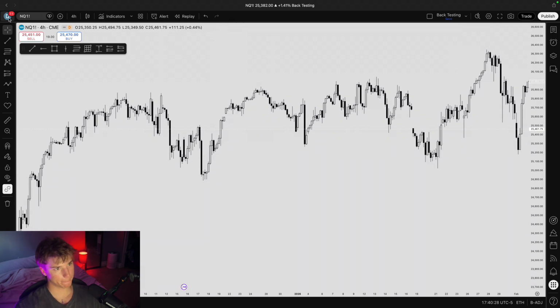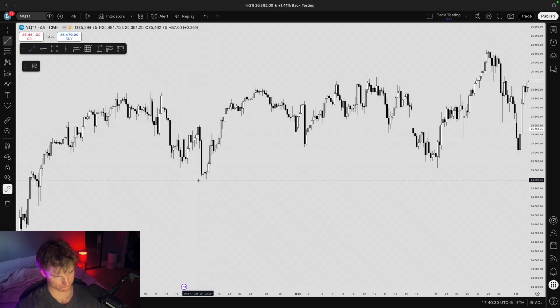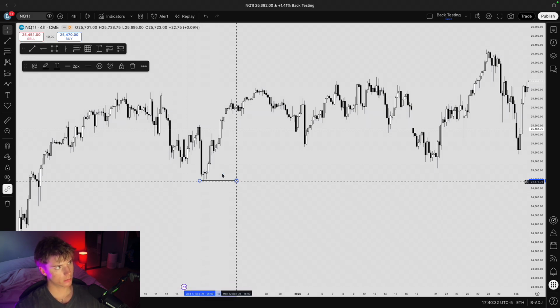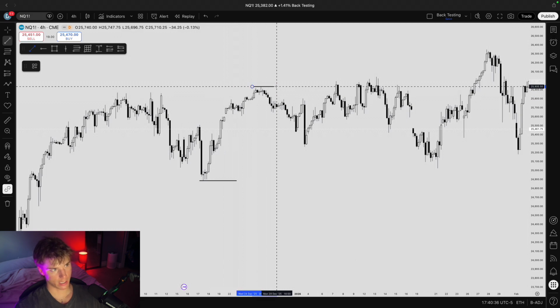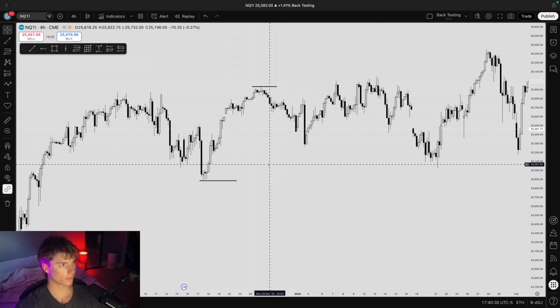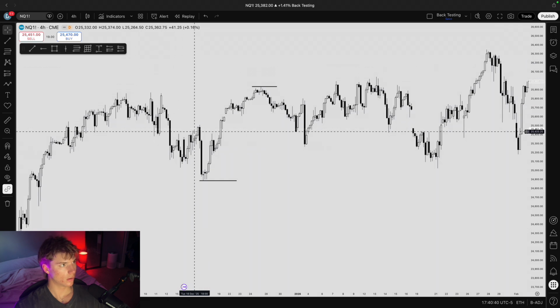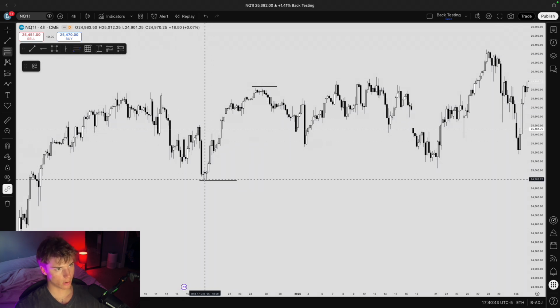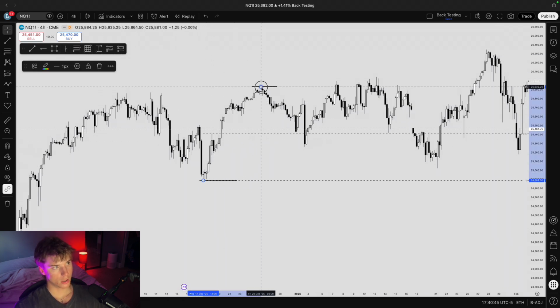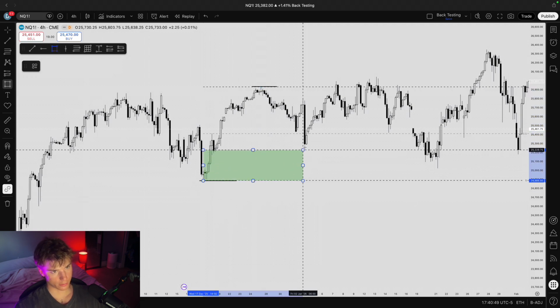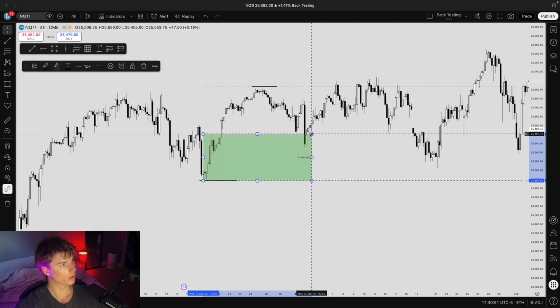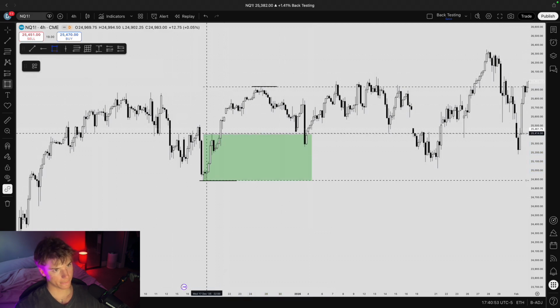Okay. So what do we see here? Swing low, major swing high, right? So before we can wait for price to go higher, we need price to offer discount, right?